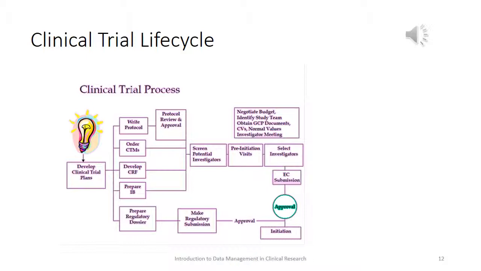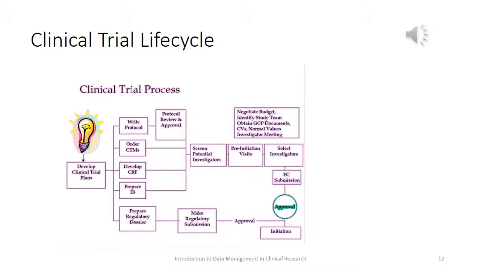Then we're going to get our protocol approved. We're going to start screening potential investigators. We're going to do some pre-initiation visits. So we're going to go out, we're going to visit their sites. We're going to make sure that they have a suitable site, that they've got all the resources they need in order to conduct our trial. We negotiate our budget.